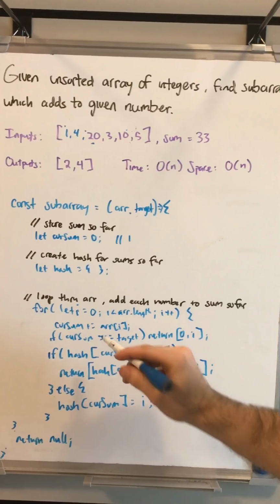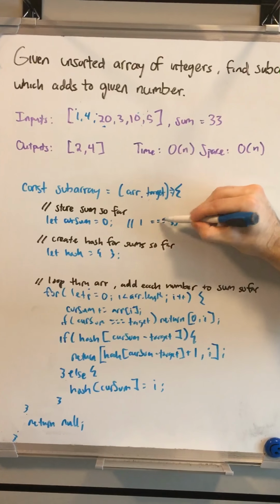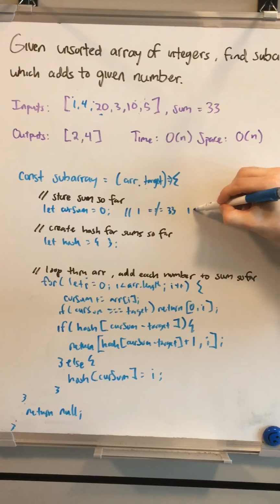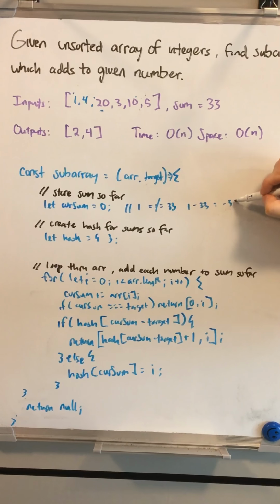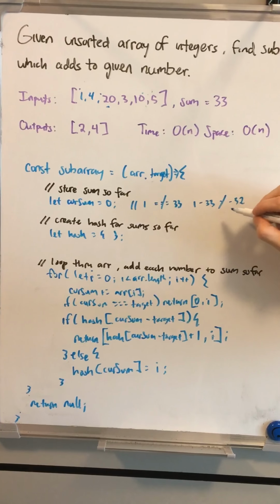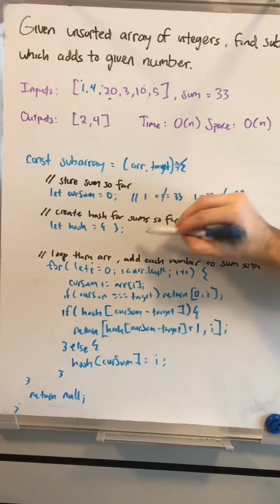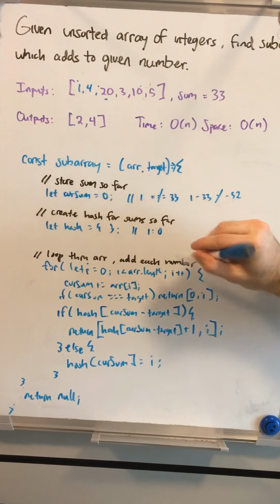We ask, is 1 equal to 33? No. So then we ask, is 1 minus 33, which is negative 32, in the hash? No, it's not in the hash. So then we add it to the hash. So the hash here has 1 equal to 0.